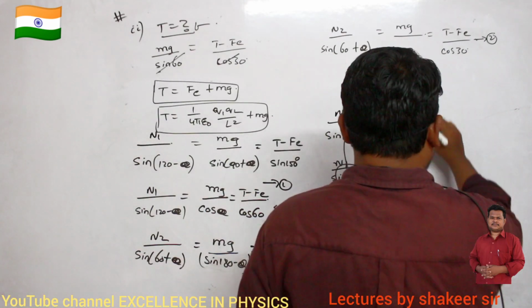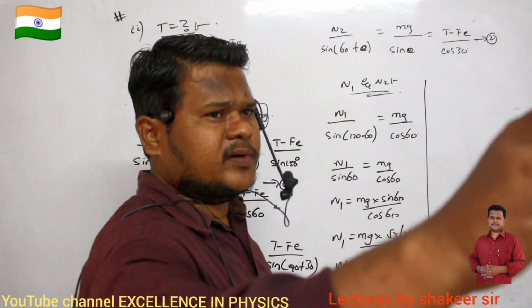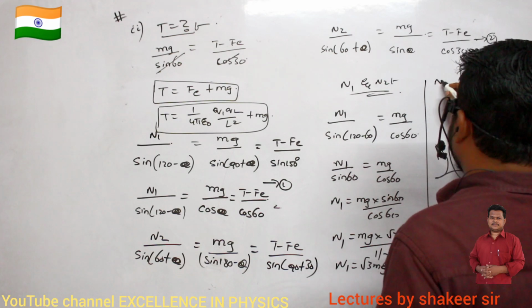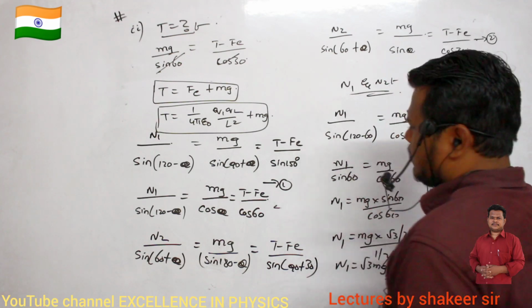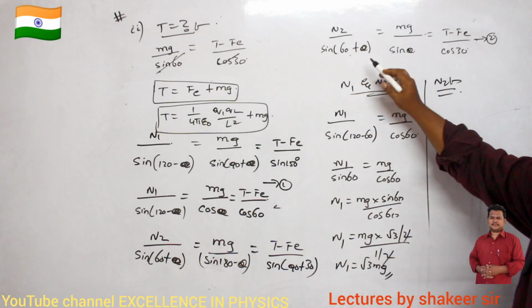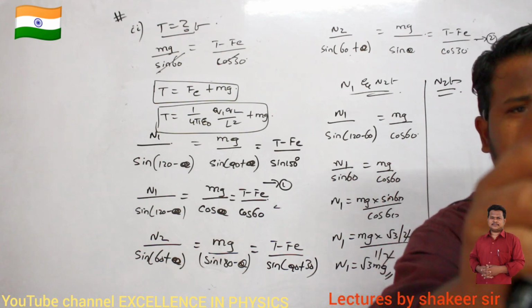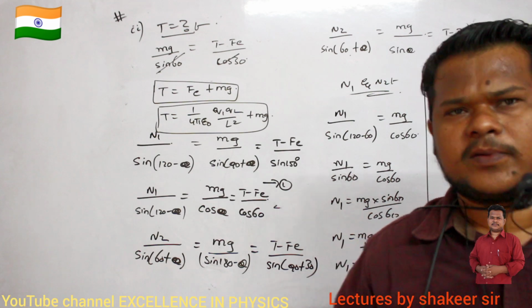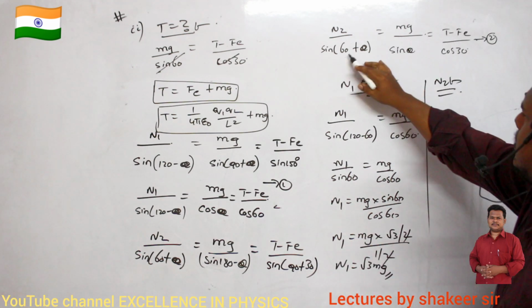Clear? Similarly, I can also calculate the normal reaction acting on the second bead, no? So how can I calculate the normal reaction on the second bead? Just equate these two now. So now we equate these two.